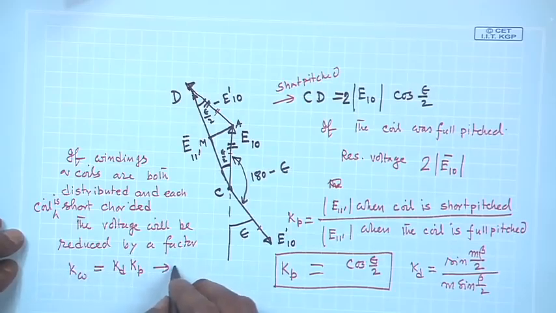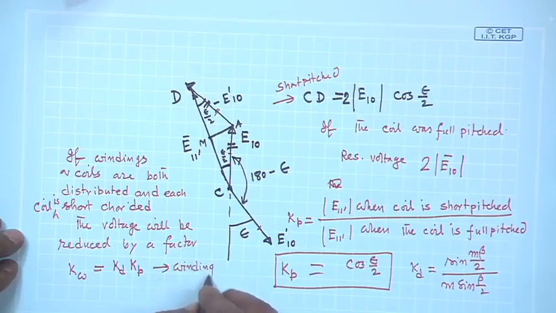The product, K W, is called the winding factor.